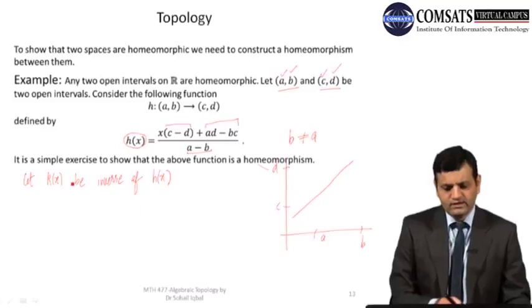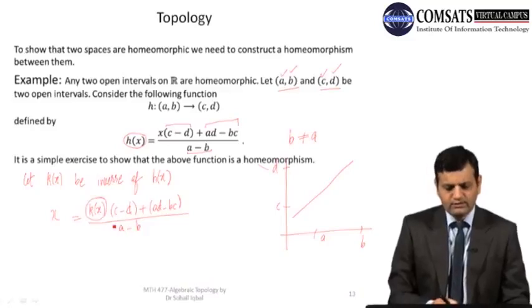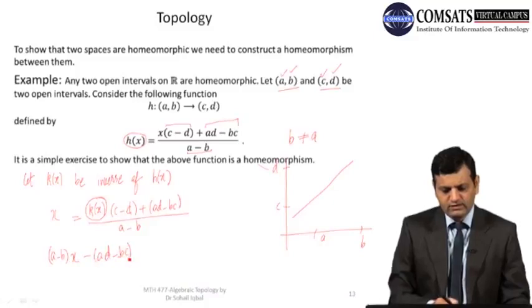To find k of x, we replace h of x with x and x with k of x, and now find the value of k of x. We find k of x in the following way: A minus B into x minus AD minus BC, divided by C minus D. This is equal to k of x.